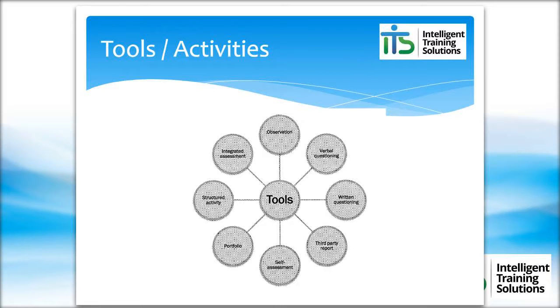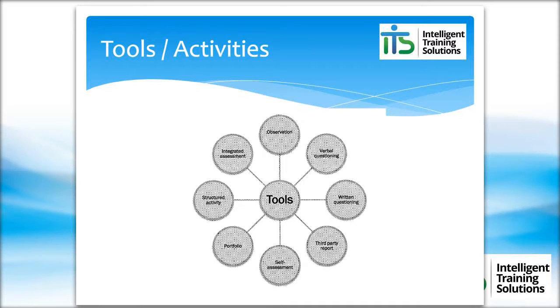So again, your assessment tool, that whole document, will have different types of assessment instruments, which are the bits and pieces or the methodologies that we use in order to gather our evidence. These are the different ways that we can create instruments to bring about these types of evidence. So obviously observation, as we've talked about, we're looking at people's ability to perform tasks.